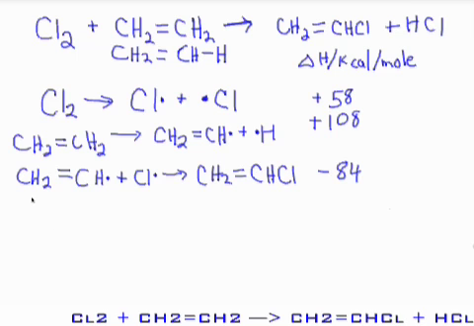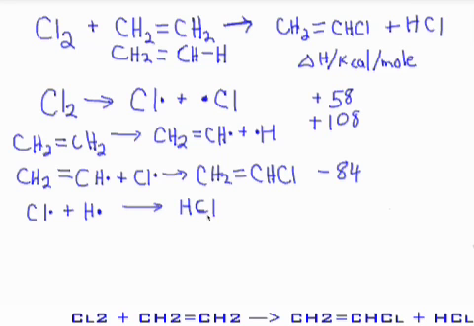And of course, the last molecule that's built is HCl, and that can be formed by taking Cl dot plus H dot. And that produces HCl. The bond dissociation energy for HCl is positive, because that's bond dissociation.